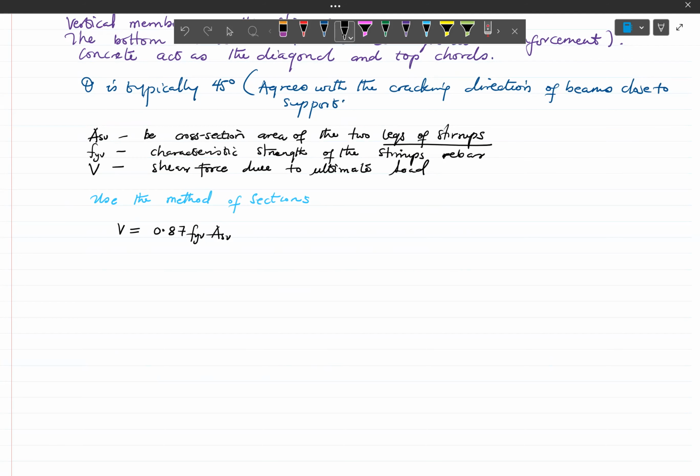So the shear force is going to be the area of the rebar times its strength, which is force, right? The 0.87 is the partial factor of safety.